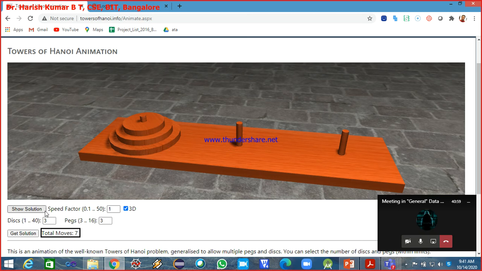Just check the solution now. I am running it and keep counting the number of moves.